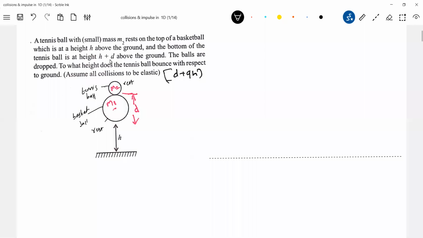So the masses are M2 and M1. When I release them, they will come and strike the ground.